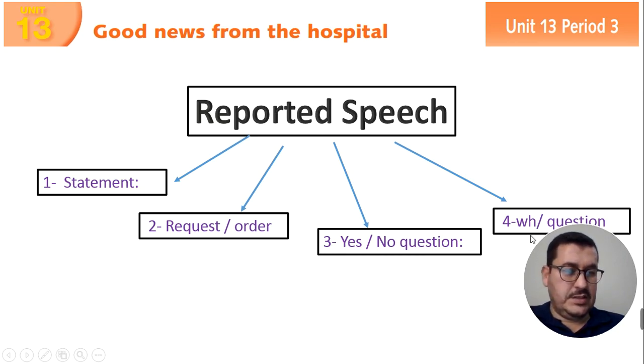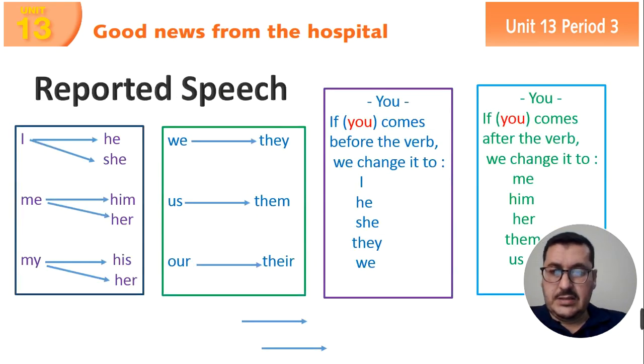And the last one, WH question, and we need to change it to report speech. So in this period 3, we only have statement and request, and yes no question and WH question we will take in period 8. So let's start with the report speech.